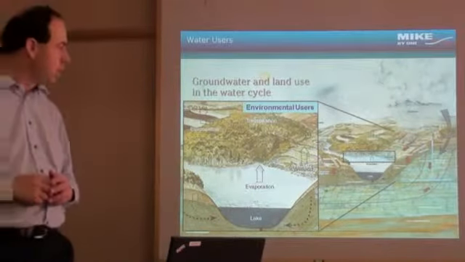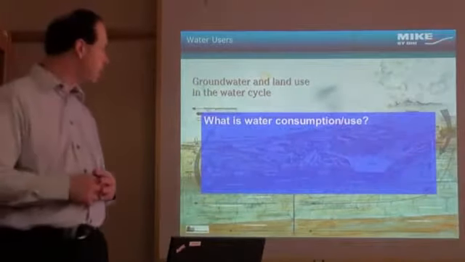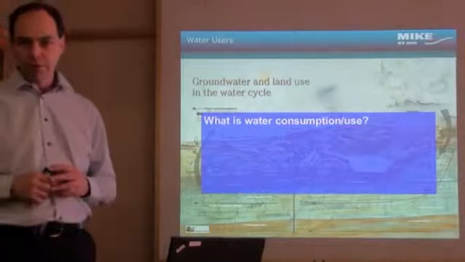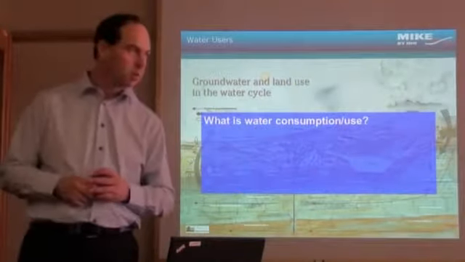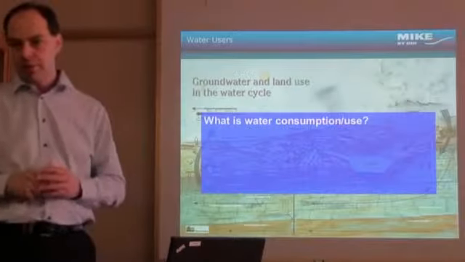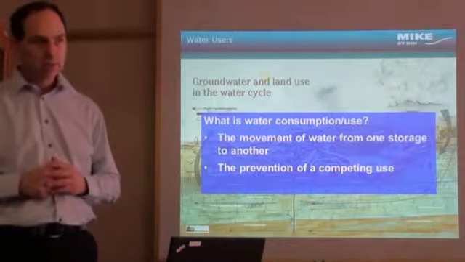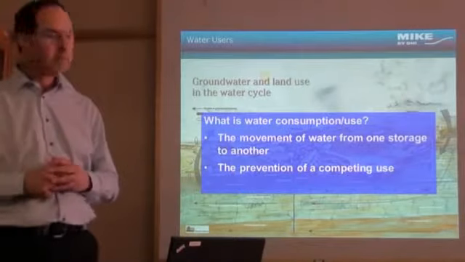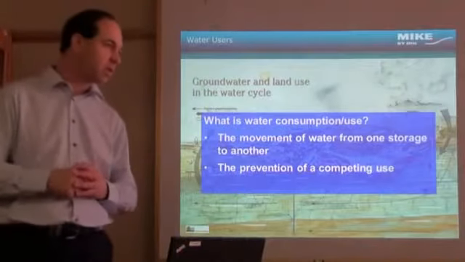If we look at these users then, and think about this for a moment: if a water user is consuming water, but the water cycle is closed, what do we really mean by water use? Well, a couple of definitions that speak to me are this idea that water use is really moving water between storages.